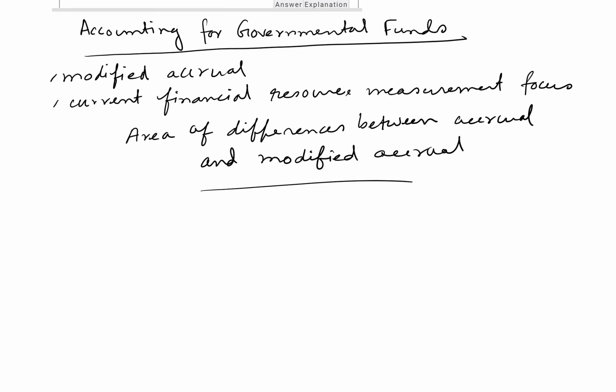Now this unit is again focused on the very detail of governmental funds, and it will focus on very common transactions and both sides of revenues and expenses. So we all know that governmental funds always follow the modified accrual method, and the focus is always current financial resource measurement.